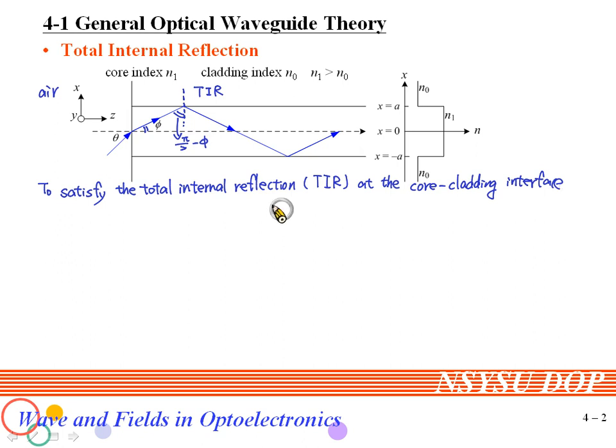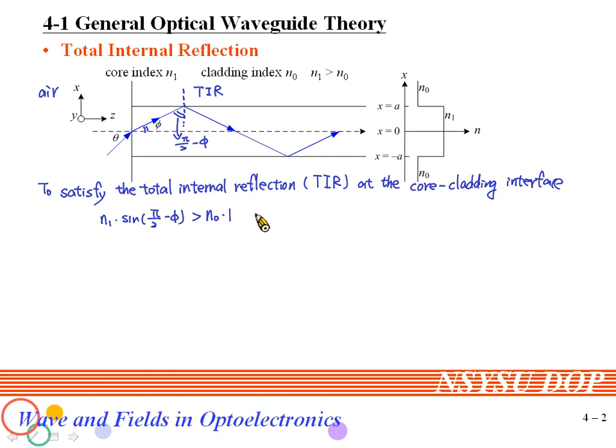To satisfy the TIR at this interface, we must have N1 times sine of half pi minus phi larger than N0 times 1. So at this interface, we must make this condition satisfied, then we can have the total internal reflection.